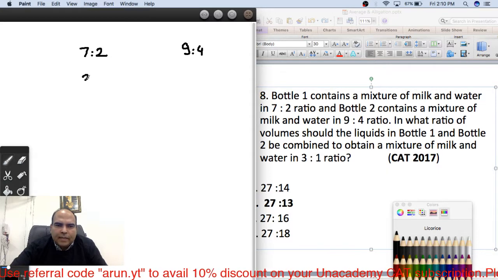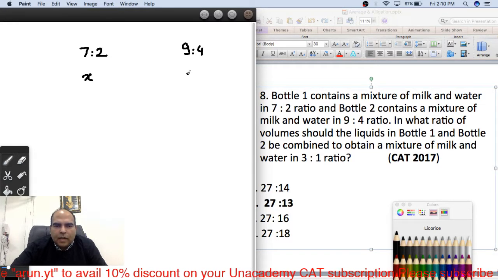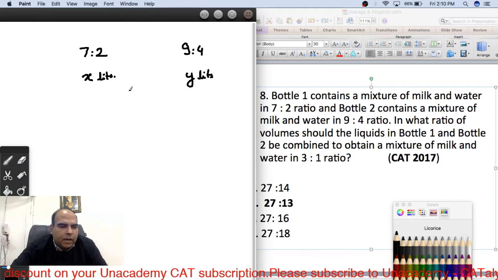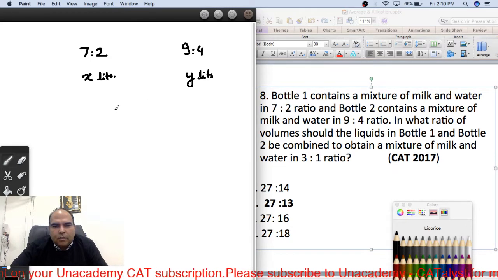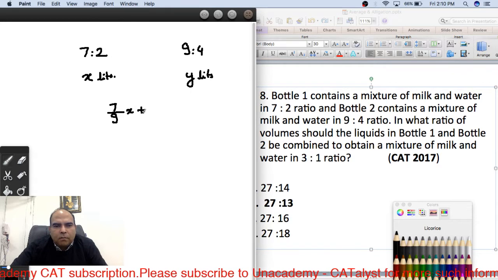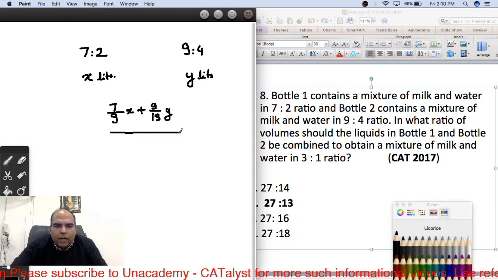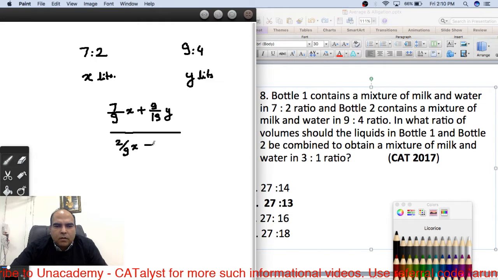If you take x liters of the first and y liters of the second, then the total milk you will get is 7/9 x plus 9/13 y, and the total water you will get will be 2/9 x plus 4/13 y.